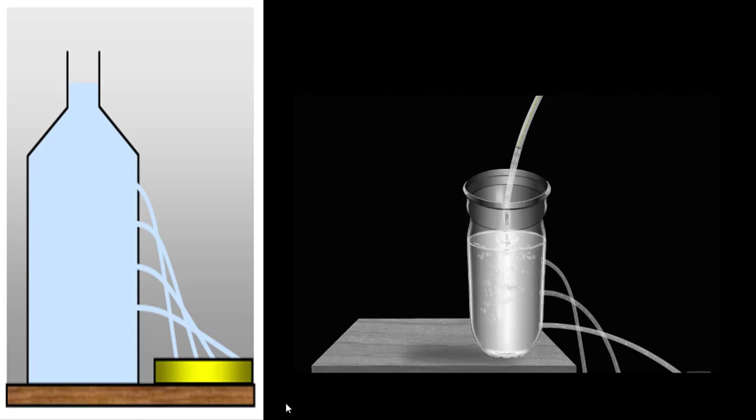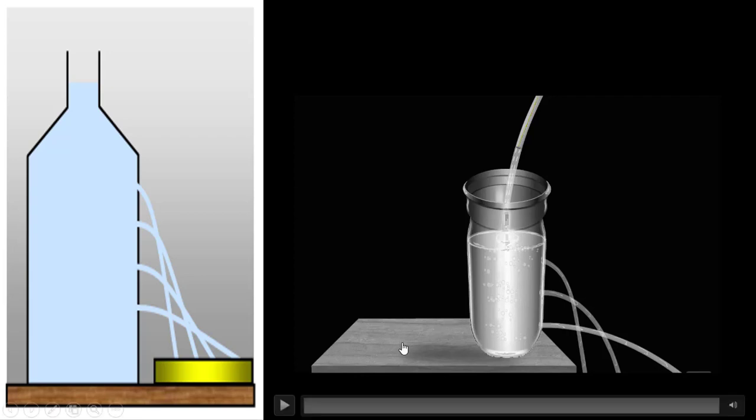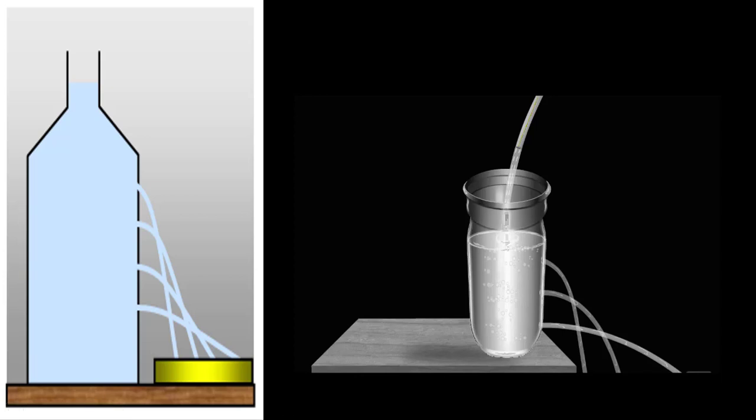The jet at the lowest level is the farthest, followed by the one above it. The jet at the highest point is the least; it is not moving that far. So you can check on that video. It explains this pressure in liquids in relation to the depth very well.